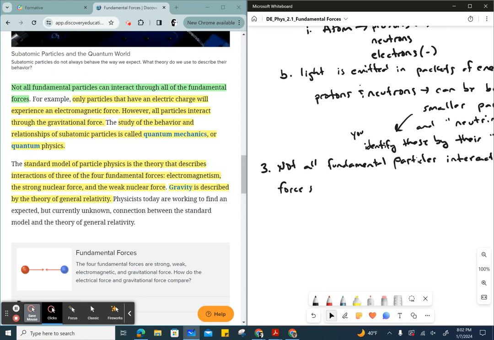Okay. For example, only particles that have an electric charge will experience the electromagnetic force. However, all particles interact through the gravitational force. Okay.